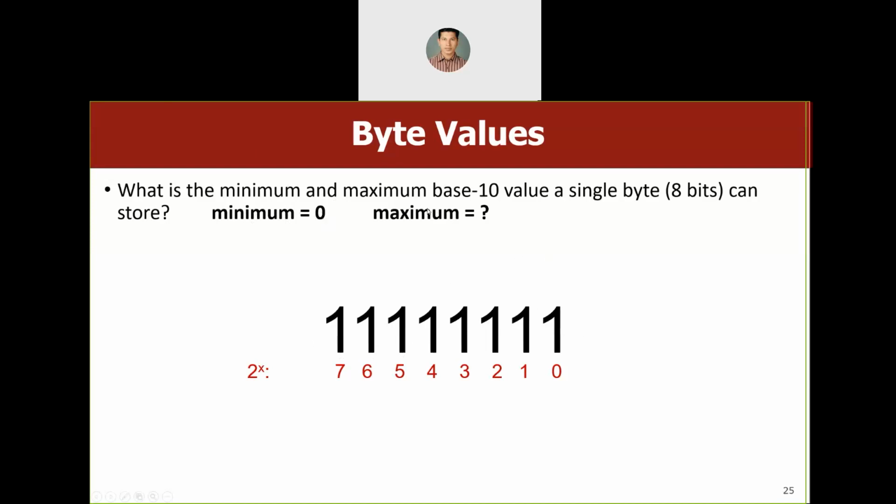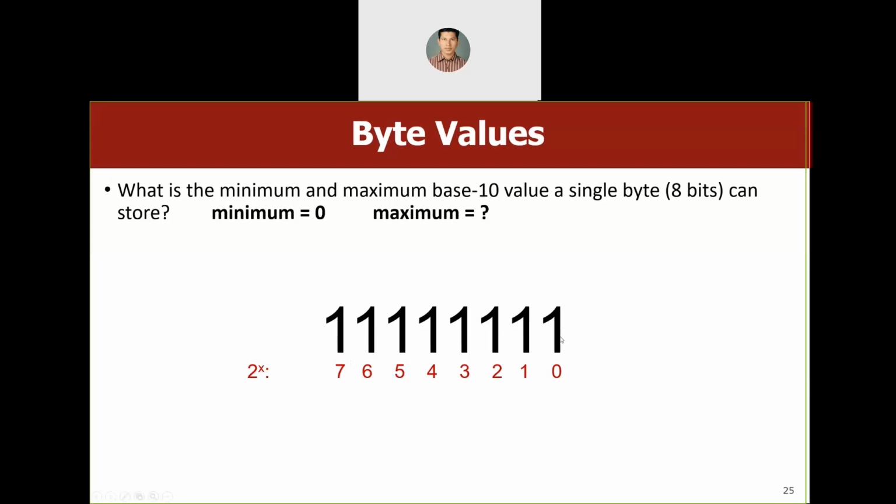What about maximum? Maximum is 8 ones. Do we have any other number other than this maximum? No. If you increment this, it will become 8 zeros, and the left hand side will have a carry of 1. So the maximum possible number is 11111111.